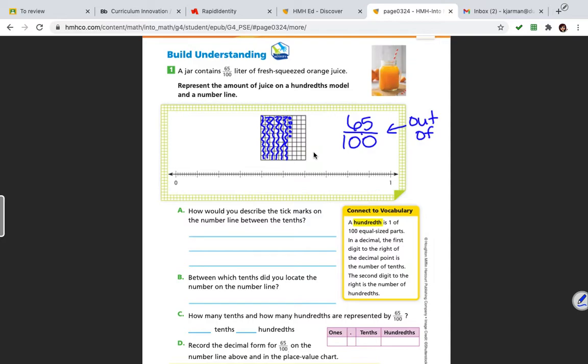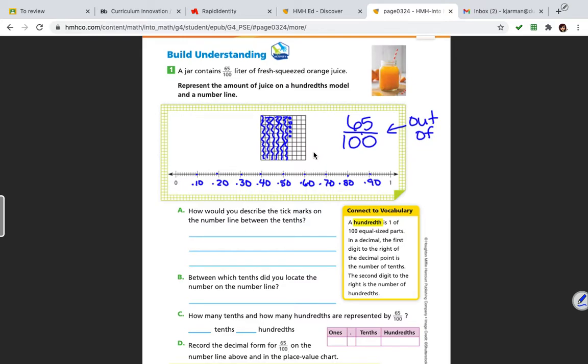And then on the number line, it goes up to 1. Think of it as $1. These would all be 10 cents, 20 cents, 30 cents, 40 cents, 50 cents, 60 cents, 70 cents, 80 cents, 90 cents. So I'll write it like this: 0.10, 0.20, 0.30, 0.40, 0.50, 0.60, 0.70, 0.80, 0.90.